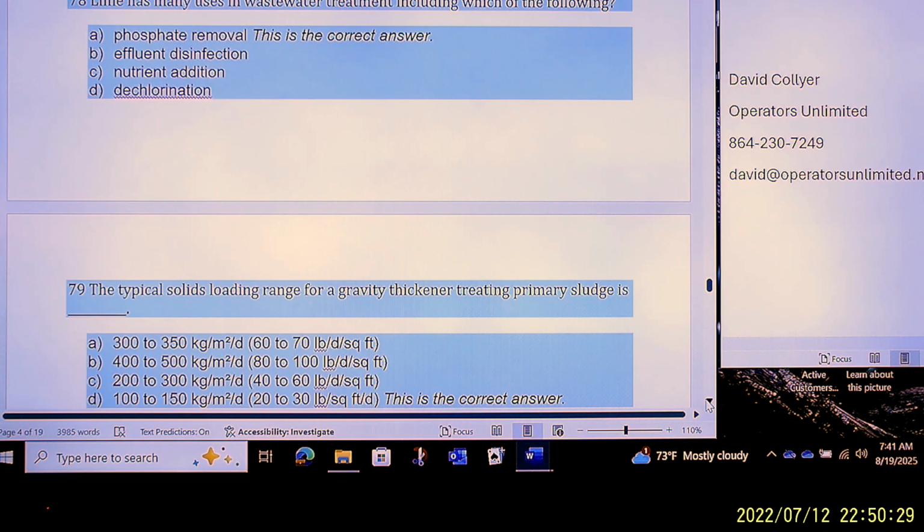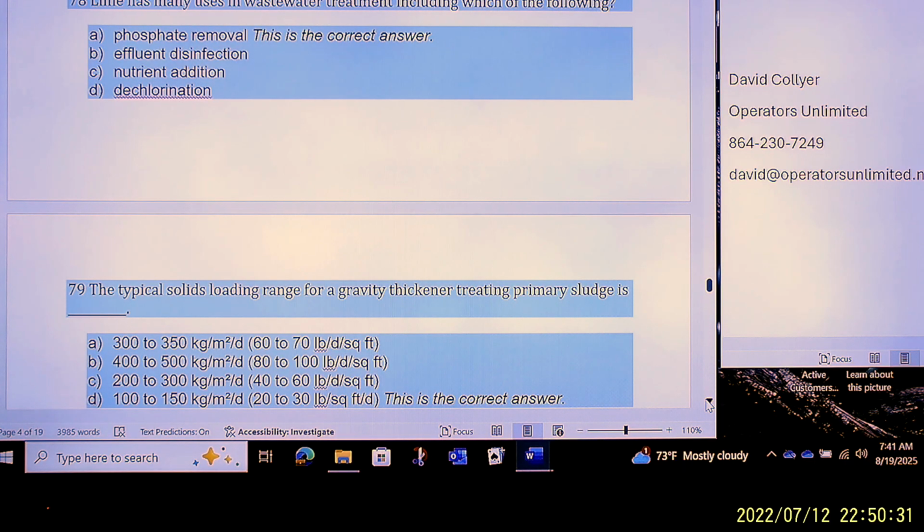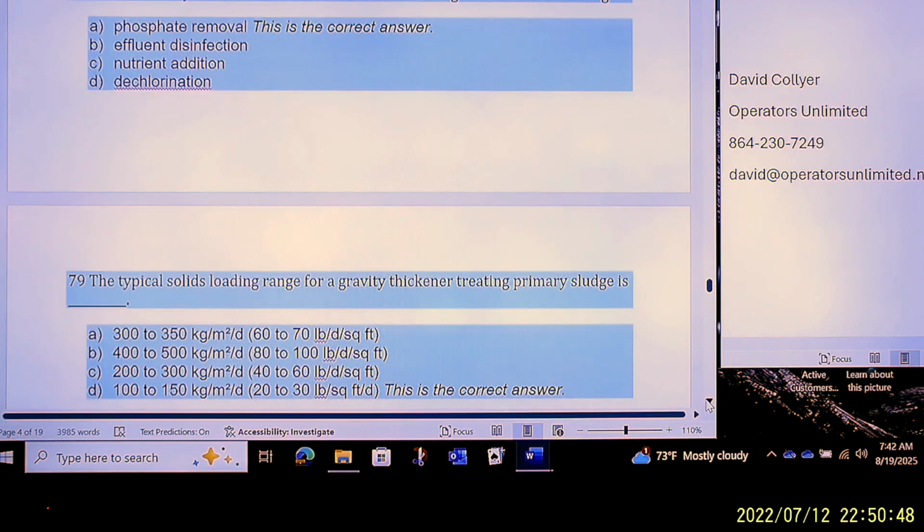Lime has many uses in wastewater treatment, including which of the following? A, phosphate removal, B, influent disinfection, C, nutrient addition, or D, dechlorination. The answer to 78 is phosphate removal.